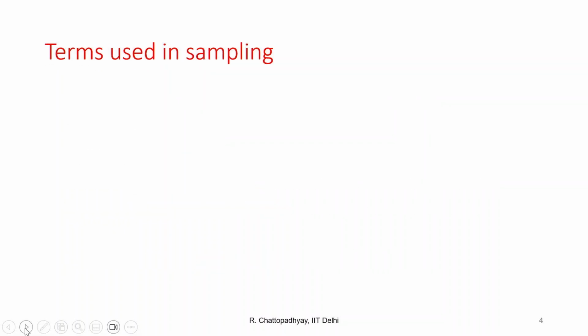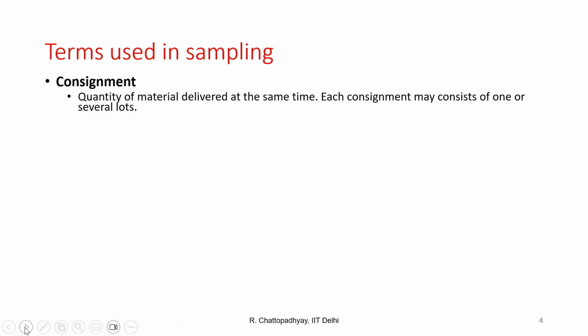Now we will explain or define certain terms which are used in sampling. First term is consignment. Consignment is the quantity of material delivered at the same time. Each consignment may consist of one or several lots.